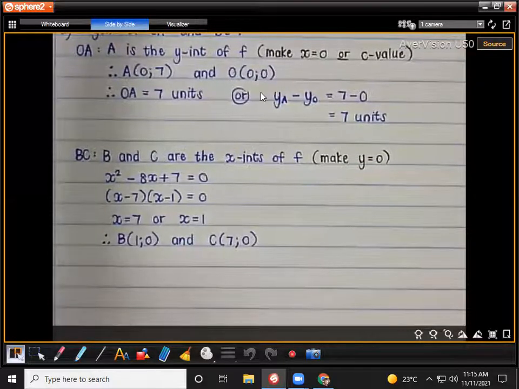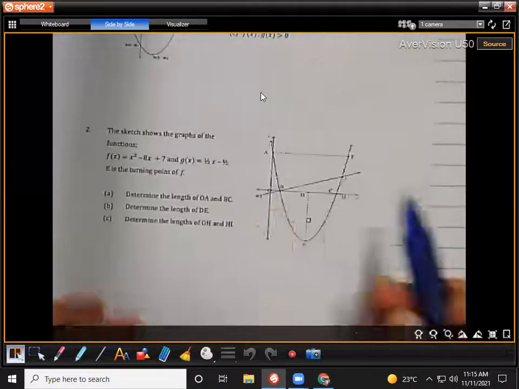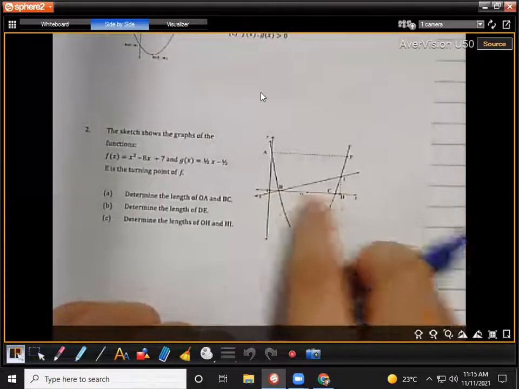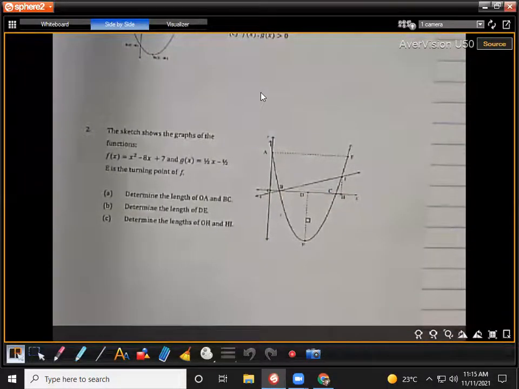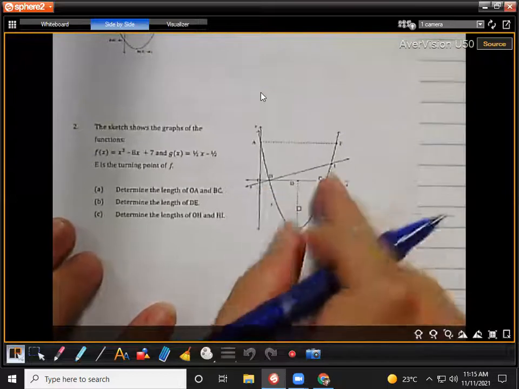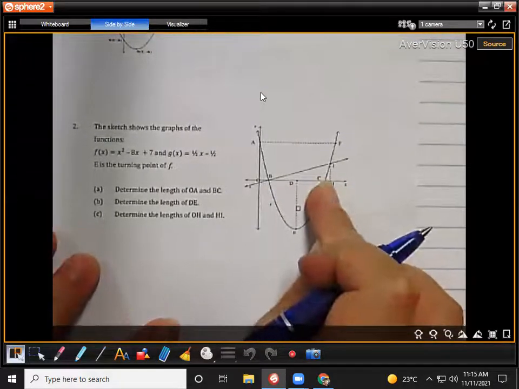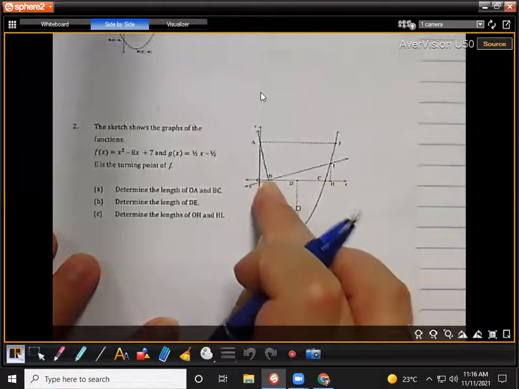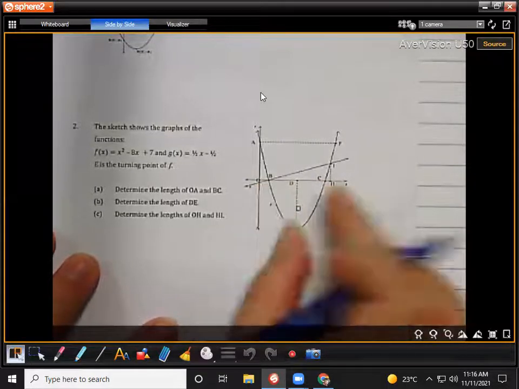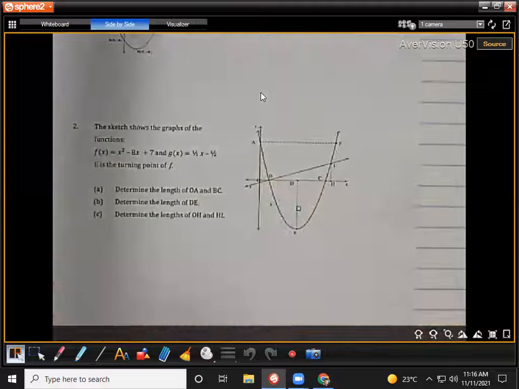So now, guys, if we're finding the length between 1 and 7, what's that? What do we think? If this is 1 and that's 7, what's that length? 6 units, hey? So now you're going to take the x value that's bigger, the x value of C, and you're going to minus the x value of B. Right, or like we said, we can just check. If you're going from 1 to 7, obviously that's 6 units.